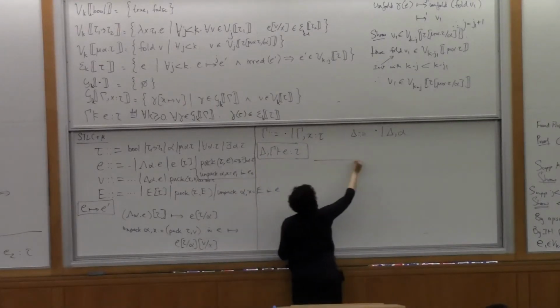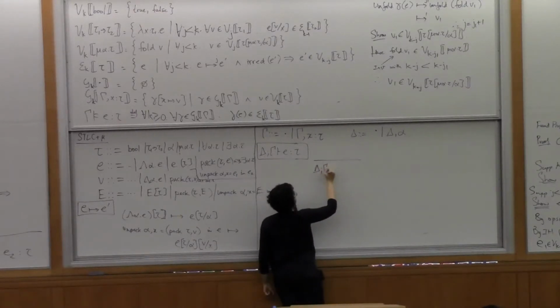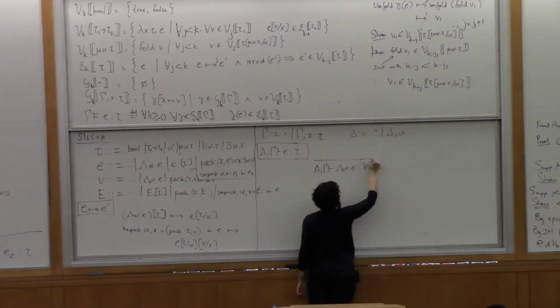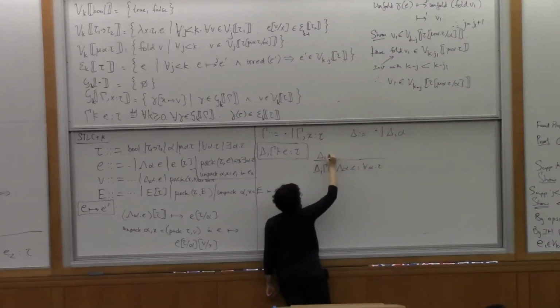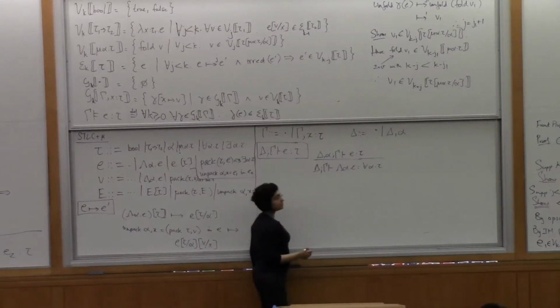Okay. So delta, gamma, lambda alpha e has type for all alpha tau if we can extend delta with alpha, and here again comma means disjointness, and under gamma e has type tau.